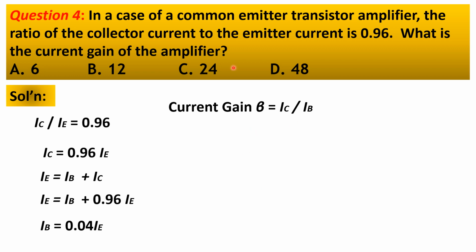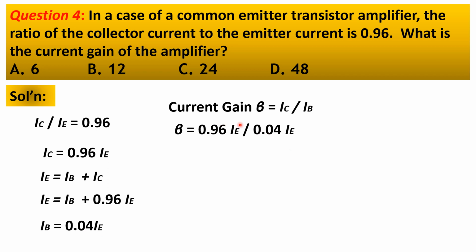And using the formula for the current gain beta, because it is the emitter that's common, beta is equal to the ratio of IC over IB. We already have the expression for IC. It's 0.96 multiplied by the emitter current, divided by the base current in terms of the emitter current, that is 0.04 IE.